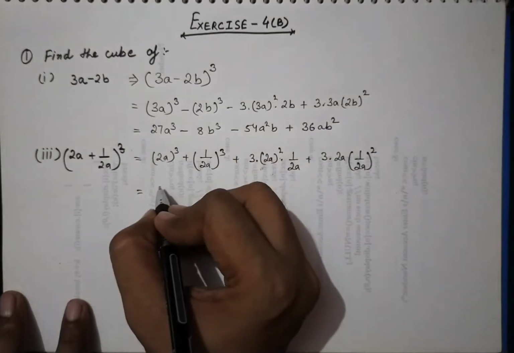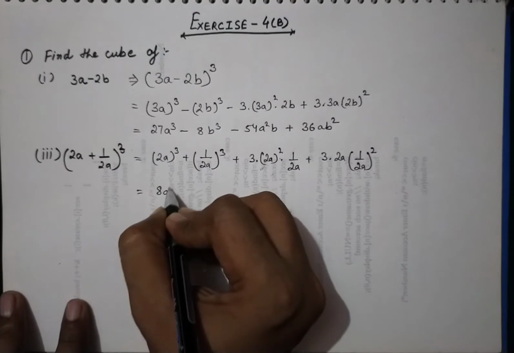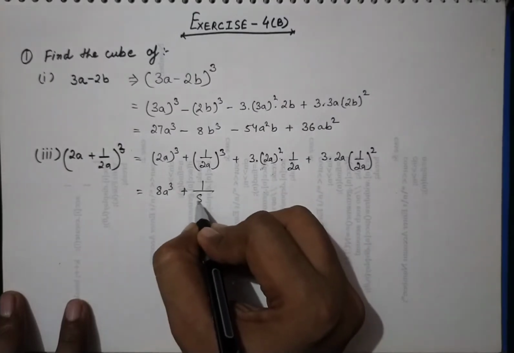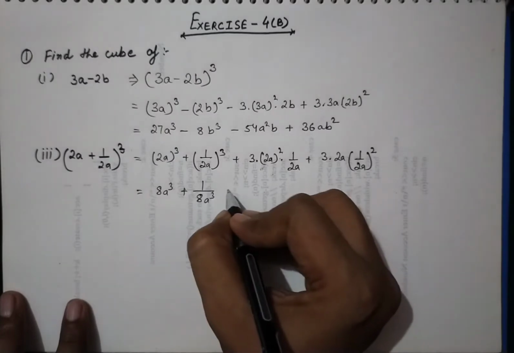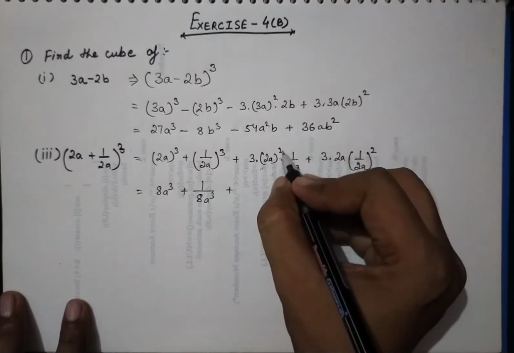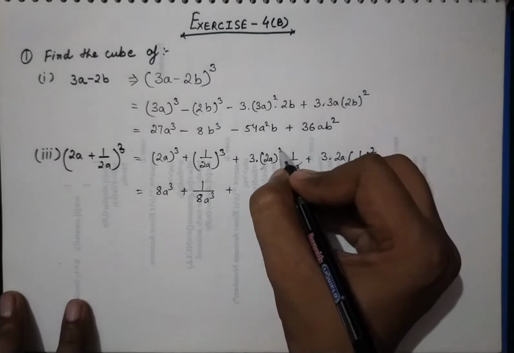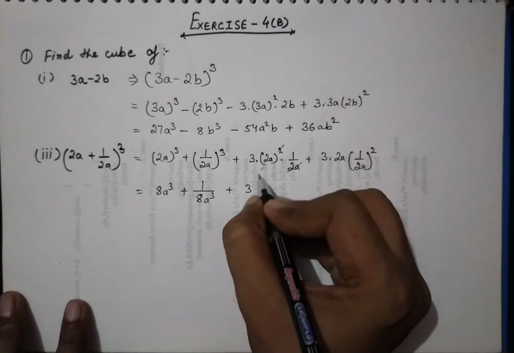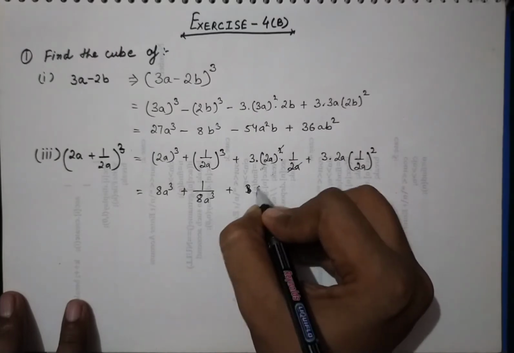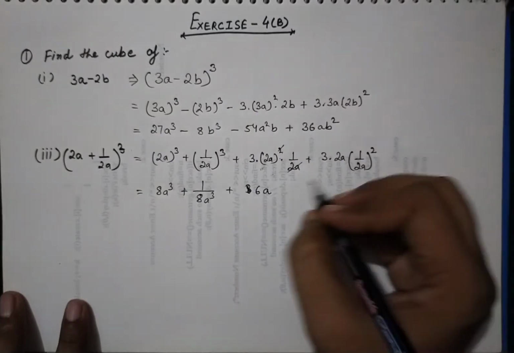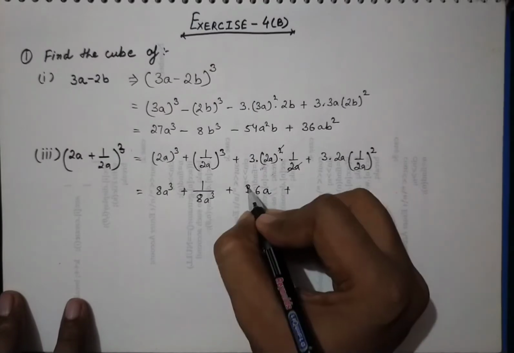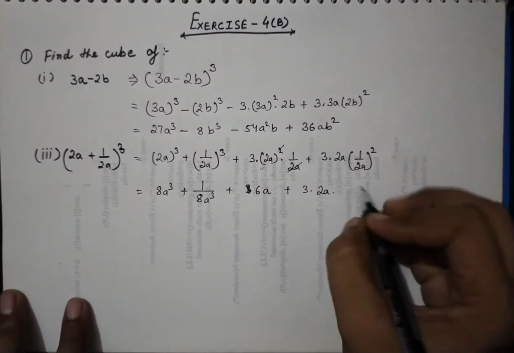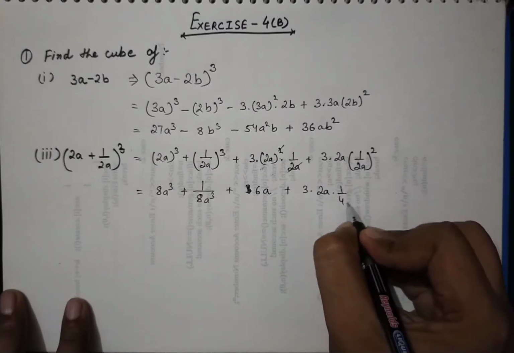This will become 8a cube plus 1 upon 8a cube plus, we can cancel out the square of this one, so we have cancelled this, and this will become 3 into 2, that is 6a, then here this will be 3 into 2a into 1 upon 4a square.